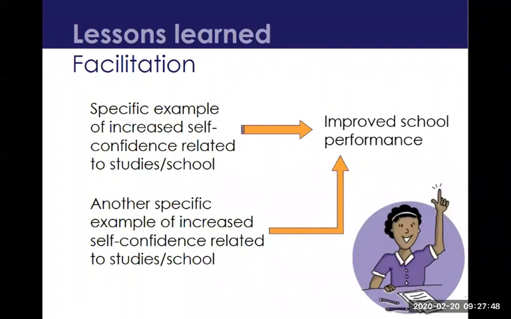Both lead to improved school performance. And so this would be a theme for the mapper and the facilitator to pull out and highlight for discussion. And this takes a little bit of practice and analytic thought on your feet, on the fly, on behalf of the mapper, to really identify those themes and highlight them in real time.